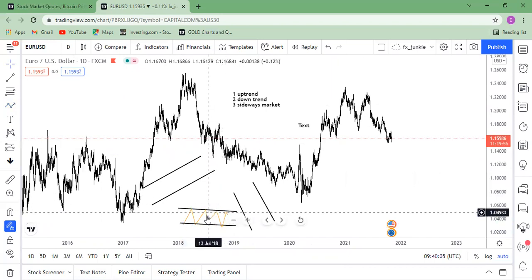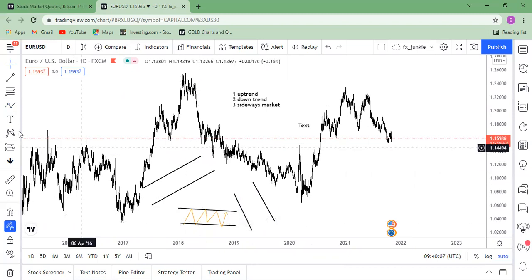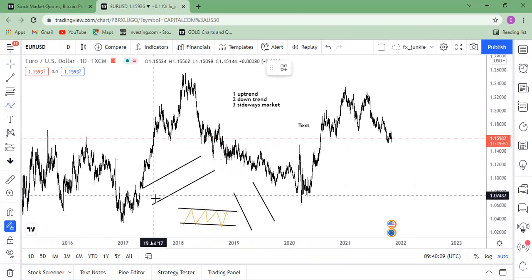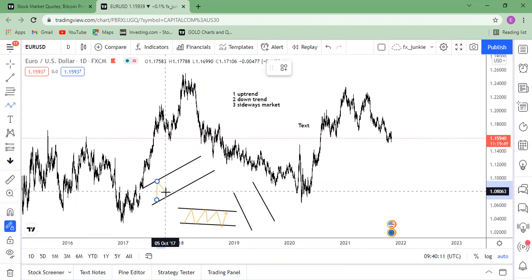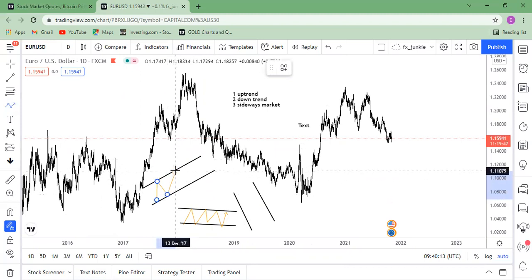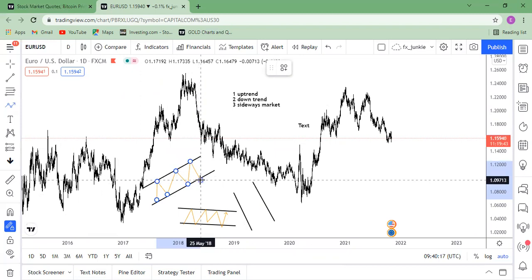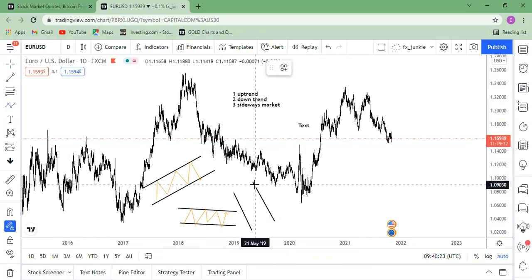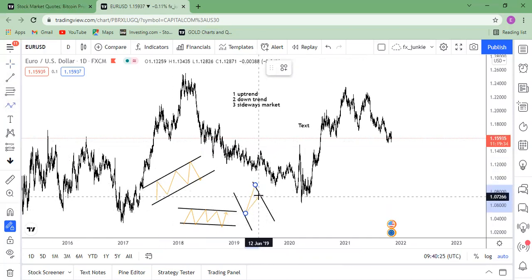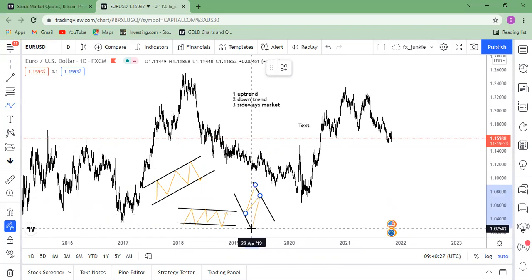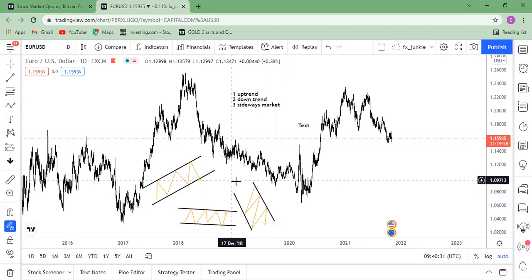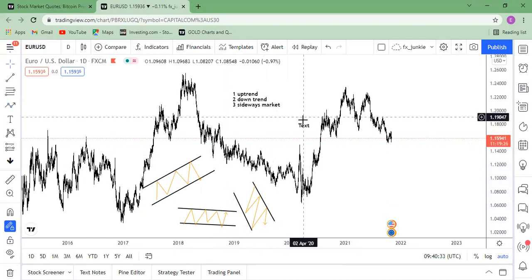So that's how we spot a sideways market, and this is an uptrend, and of course, this is a downtrend. So those are three kinds of trend.